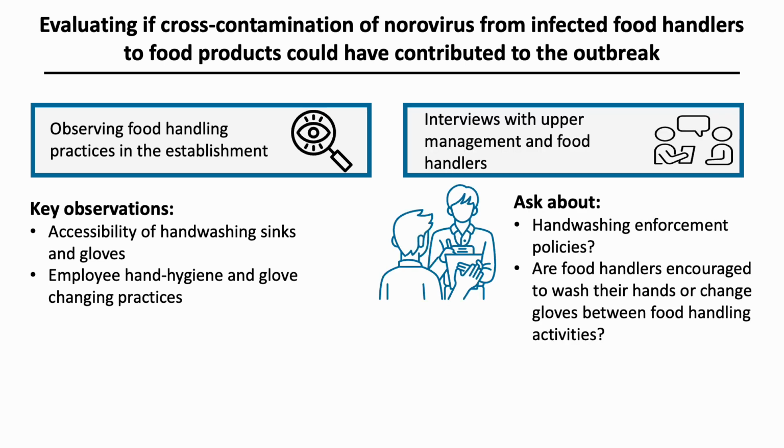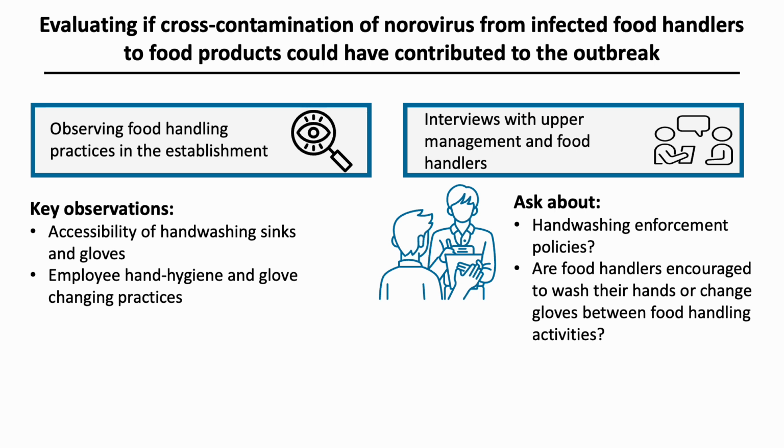Additionally, investigators can also conduct interviews with both upper management and food handlers about these routine food handling practices. Important questions to ask during these interviews include: 1. How is hand washing enforced in the establishment? 2. Are food handlers encouraged to wash their hands or change gloves between food handling activities? 3.